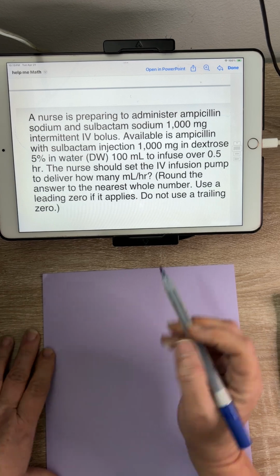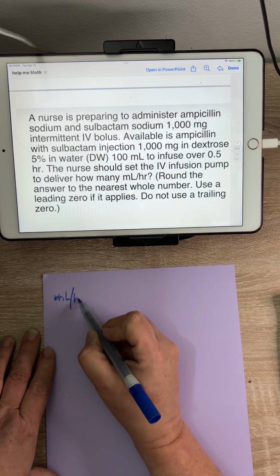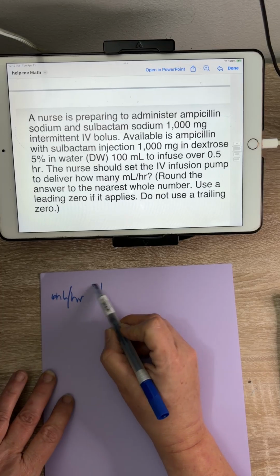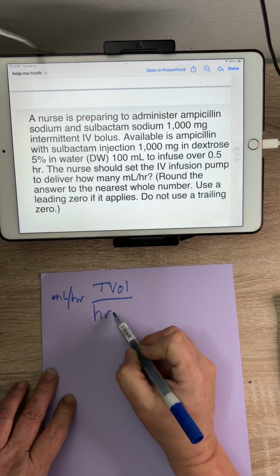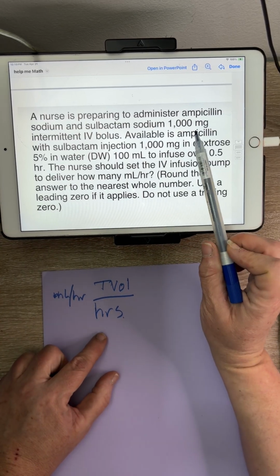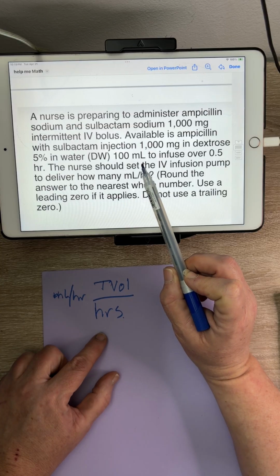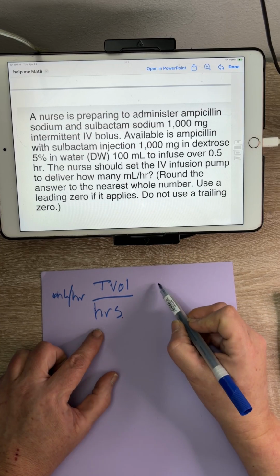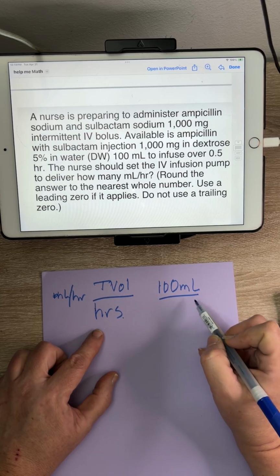I got 5 problems. So for milliliter per hour, the formula is the total volume over your time in hours. Now look, we're not worried about the milligrams. We're worried about the liquid portion of this whole situation. And so the total volume is 100 milliliters.